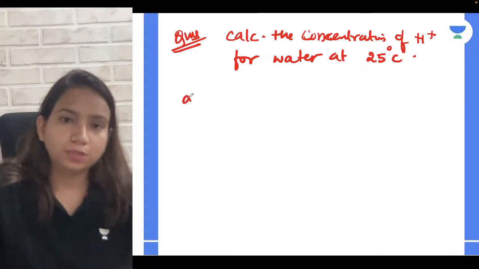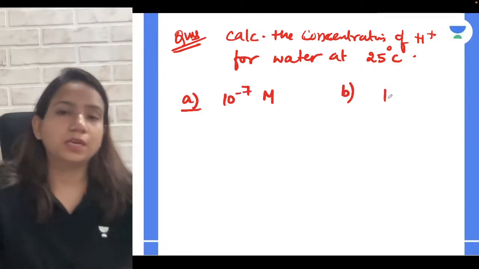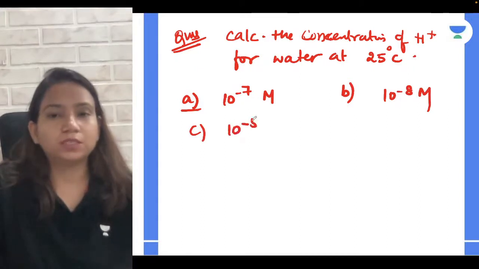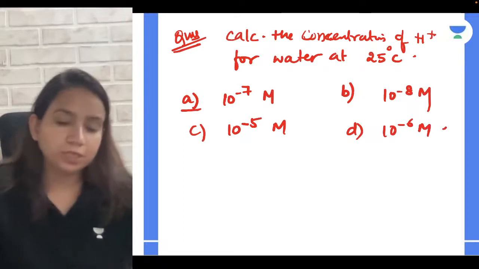It's very simple. Let me give you the options. A, 10 to the power minus 7 molar. B, 10 to the power minus 8 molar. C, 10 to the power minus 5 molar. D, 10 to the power minus 6 molar.